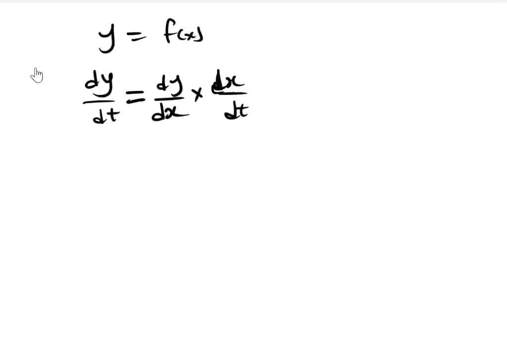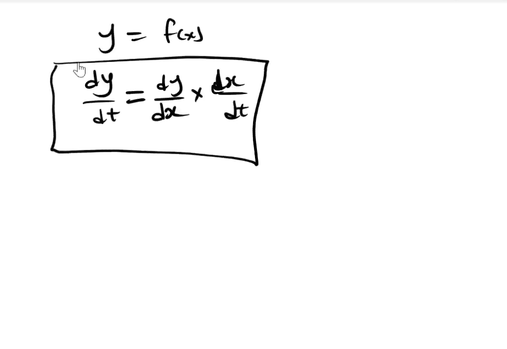And this is the formula we will apply in comparing the rates of change, because we can now compare the rate at which y changes with time and that of x changes with time.